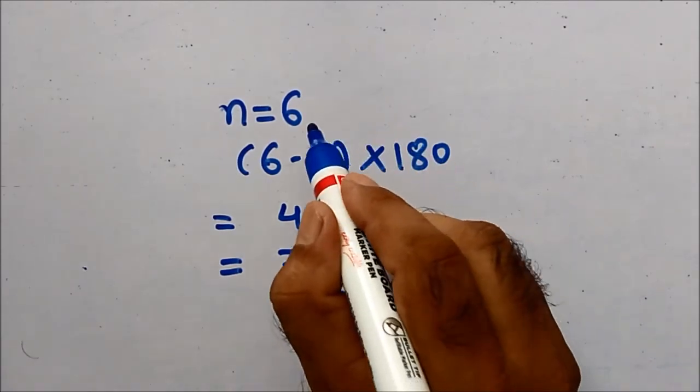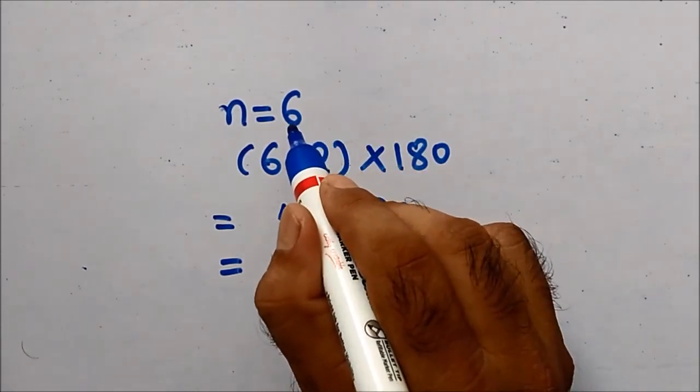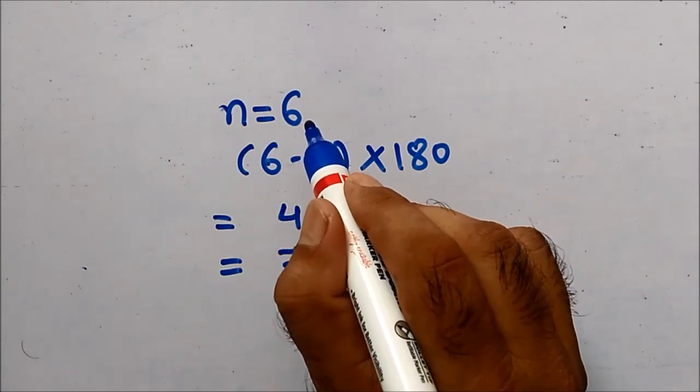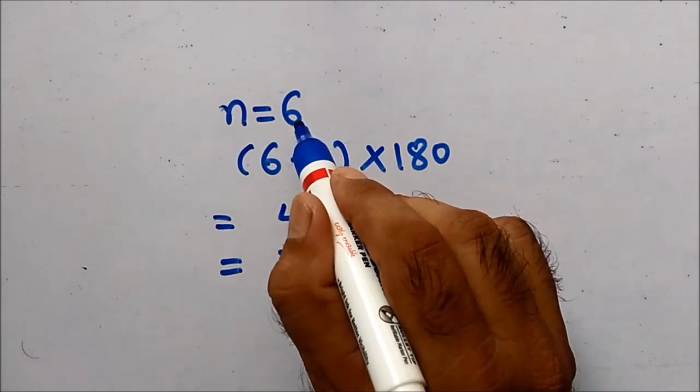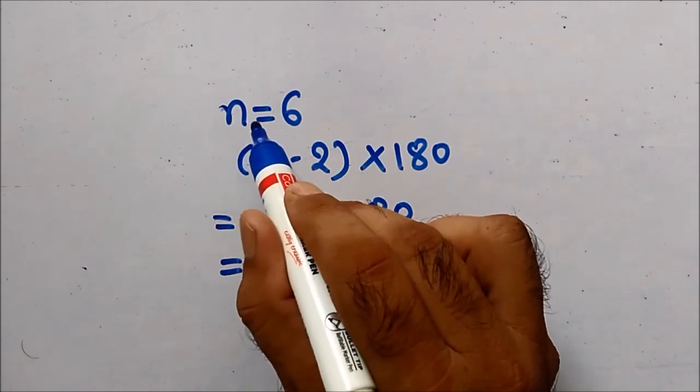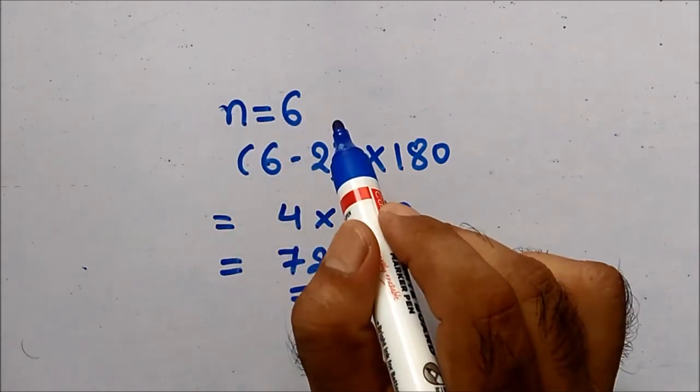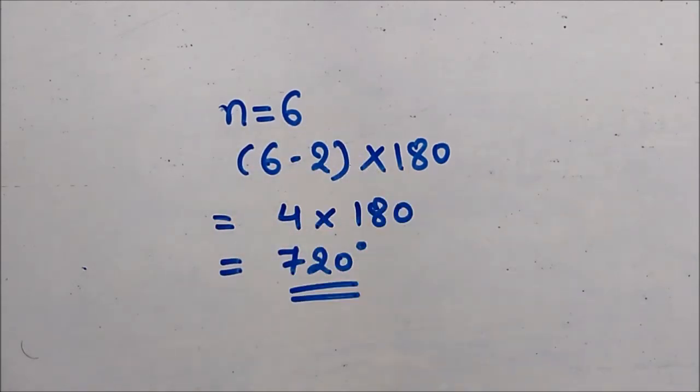So in this way you can find out the angle sum property of any polygon when the number of sides is given.